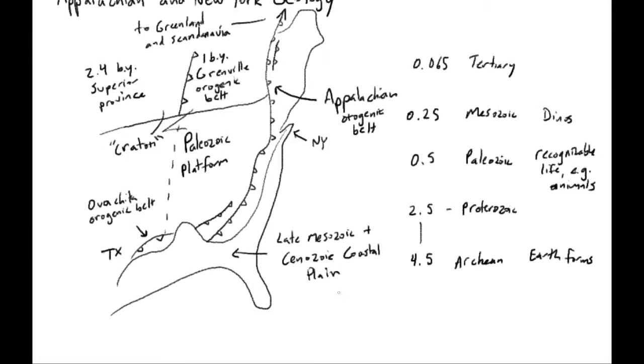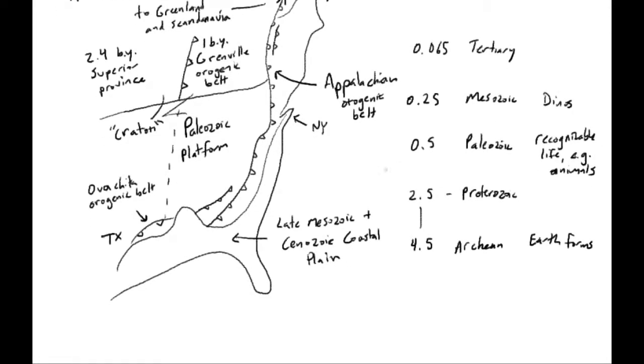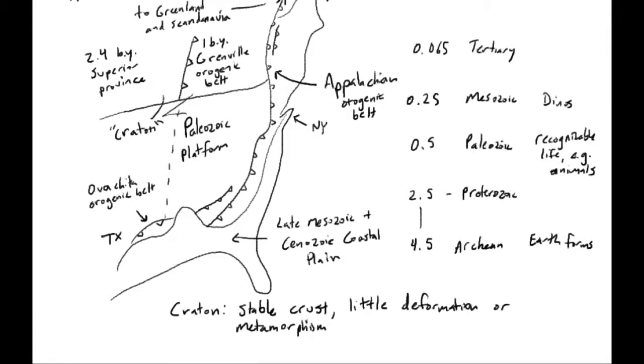All right, let's make a little bit more room here and define a couple of words that we've tossed around. So craton, we've talked about this before. Craton is stable crust, so it formed and then it's experiencing little deformation or metamorphism for long periods of time, greater than a billion years.